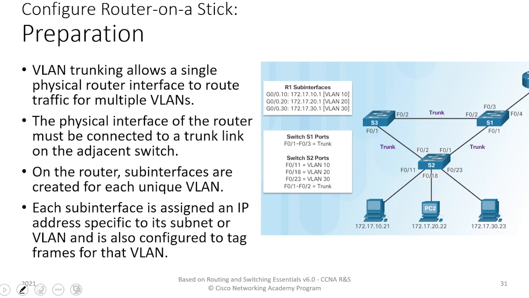So here what we need to do is first set up the trunk between the router and the switch to carry traffic belonging to all the VLANs. Then in the router, we have to configure the sub interfaces belonging to each of these specific VLANs, the subnets of each of these VLANs.